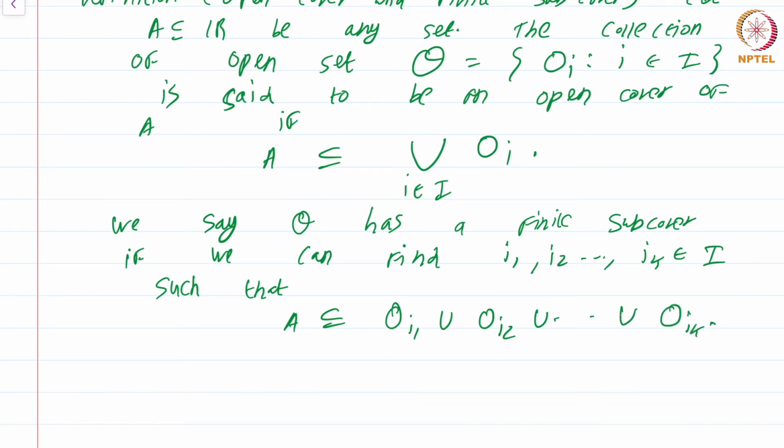So if you have a finite subcollection that covers the set A, then you say that O has a finite subcover. Okay, so these two definitions are fairly straightforward, but they actually have a lot to do with compact sets, which is not at all clear because the definition of compact sets had nothing to do with open covers or anything. It just said that a set is compact if every sequence has a convergent subsequence.